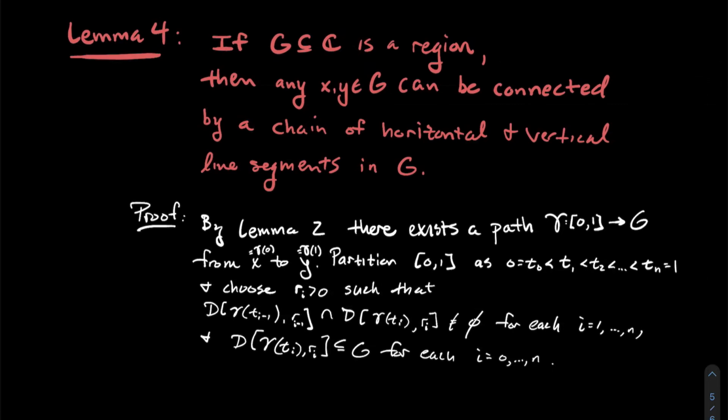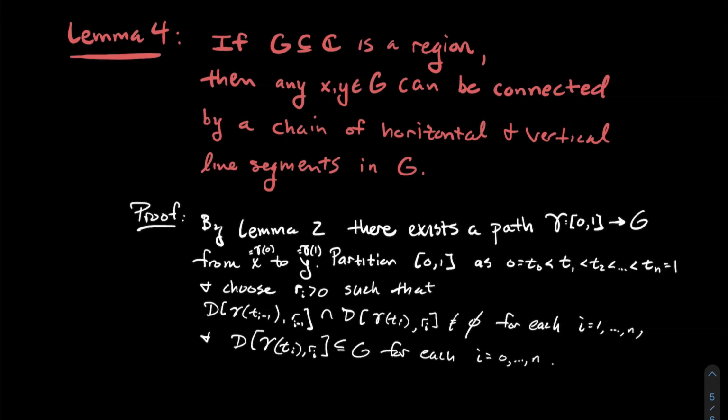And the other thing I'm going to try to do is to choose these so that, of course, these balls should all be completely contained inside of G. And you should convince yourself that we should be able to do this, right? G is open, so I know that every single point has a ball that's contained inside of G. And what I'm saying is, if need be, I'll just throw more partition points in to guarantee that when I take the ball at each partition point, they have some overlap.